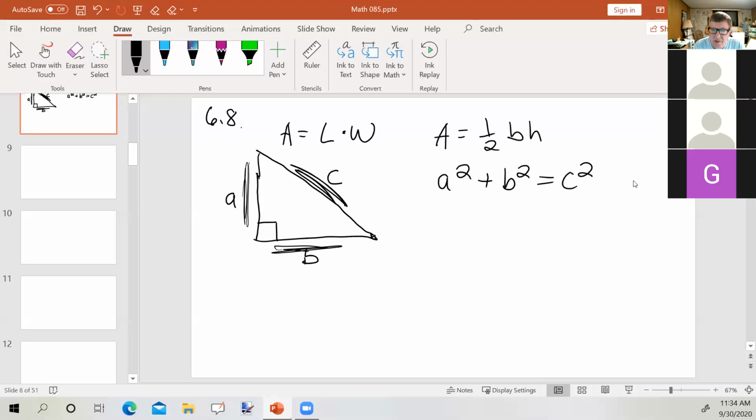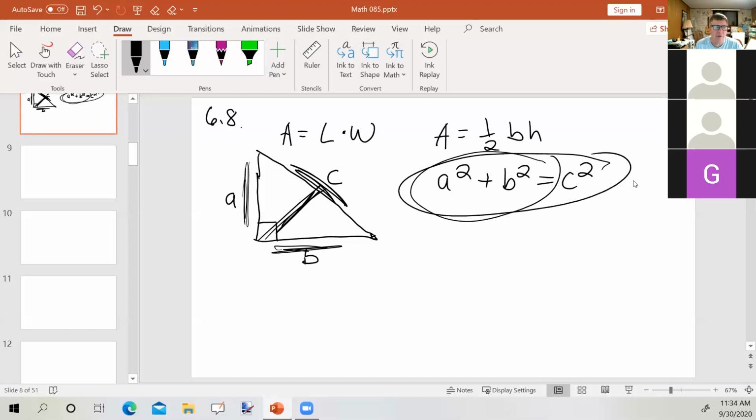Now, again, C must always be the hypotenuse or the longest side, the side across from the right angle. A and B, it doesn't matter which one's A or which one's B because addition's commutative. The two legs can be in either order, okay? So this is called the Pythagorean theorem, named after a gentleman named Pythagoras, who is credited with, I believe, discovering this property or theorem or whatever you want to call it.